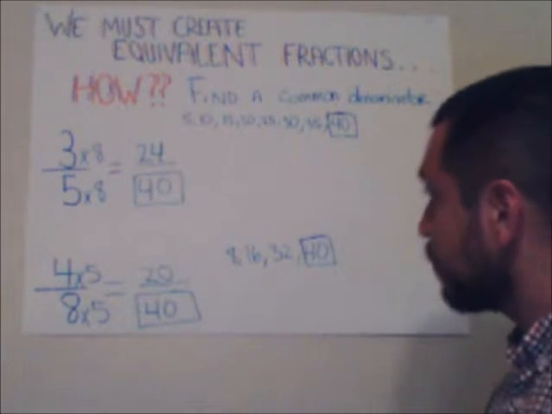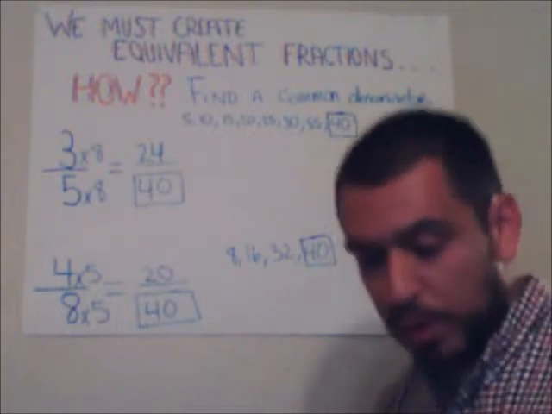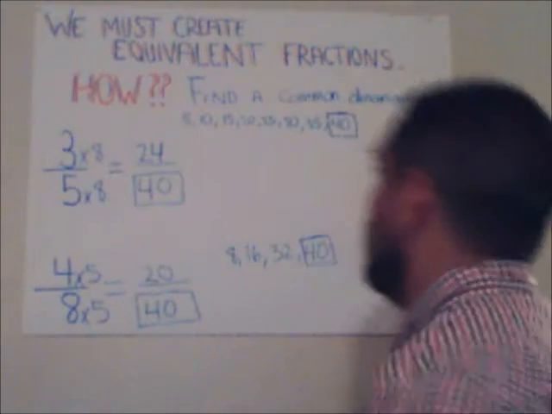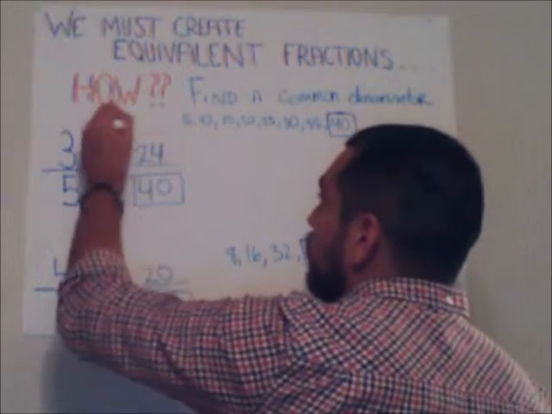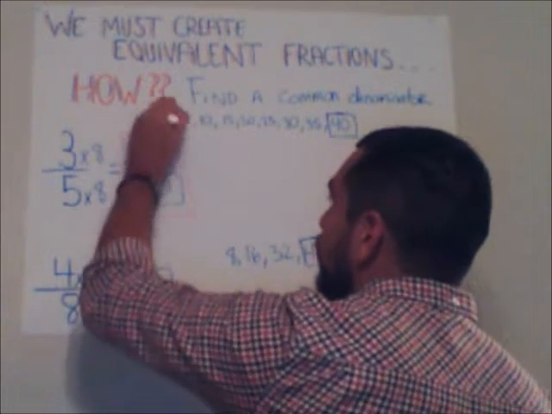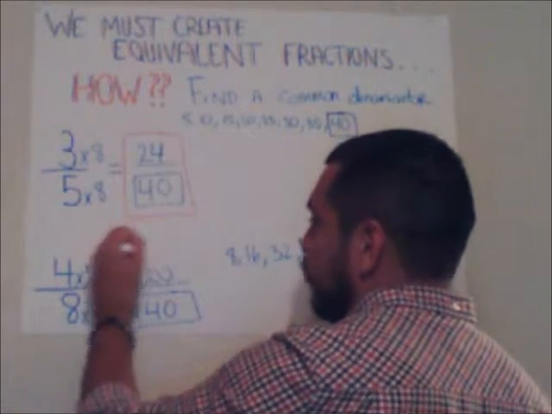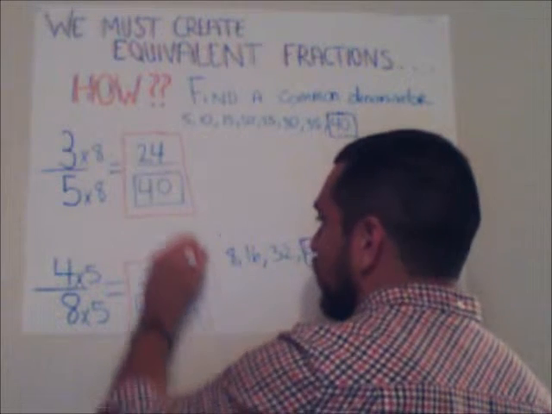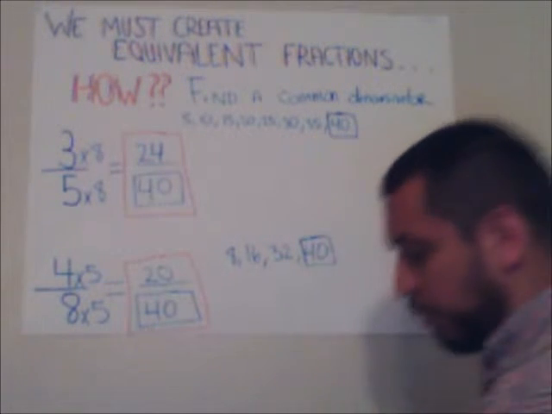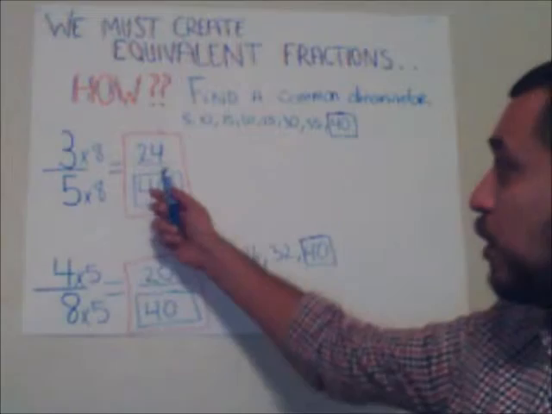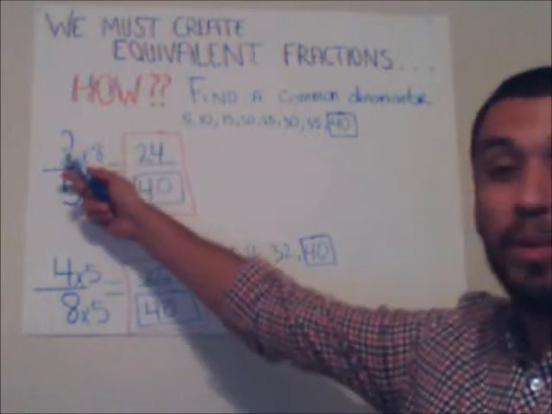All right. So our new fractions, 24 over 40, and we have 20 over 40.